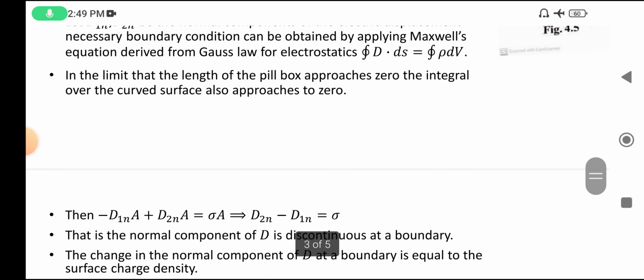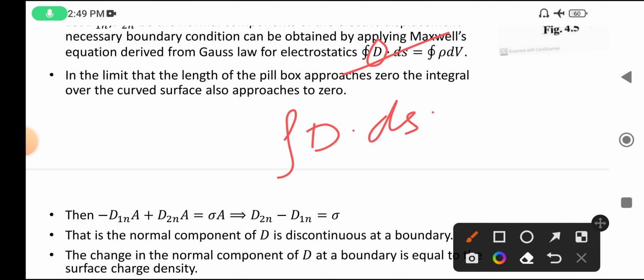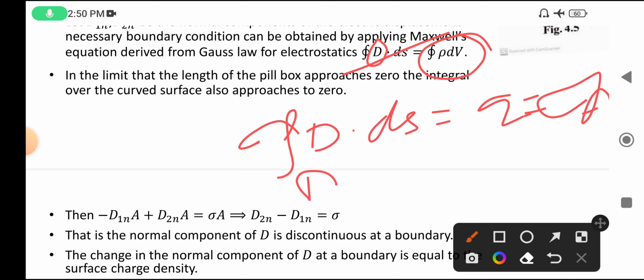Now see, what is this? D into, this is K, we can write like this. Integral D dot dS is what? Simply Q. But this Q we have to take as sigma A only, and take this D outside.